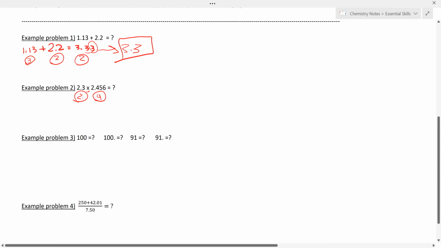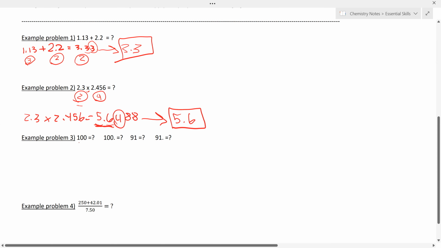When we multiply these together, the 2.3 times 2.456 equals 5.6488. But remember, we want 2 sig figs. So we want these two. We look at the 4. 4 is less than 5, it doesn't change the 6 at all. So we're left with 5.6. That's the answer, 2 sig figs.